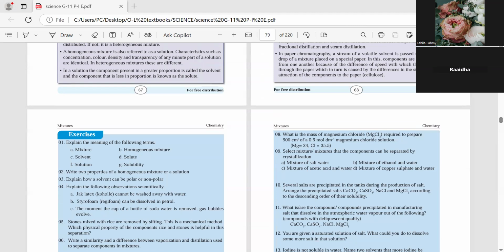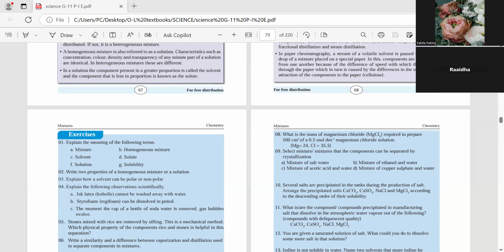So what are the three parts for this unit, Puta? As I said, mixtures divides into three. What was the last part? You have over here the separation techniques, right? Then you have the calculation part, calculation, right?